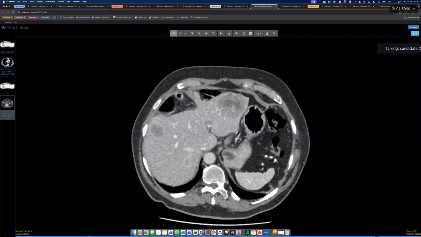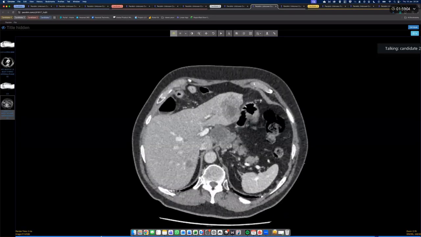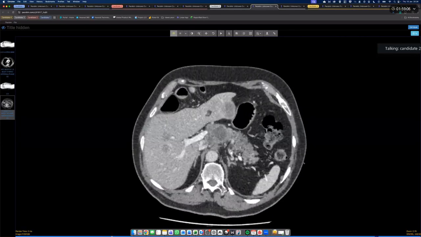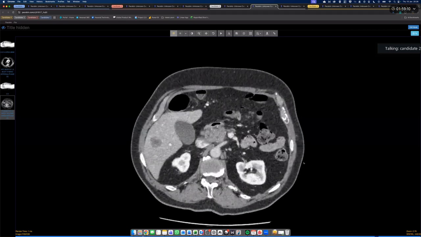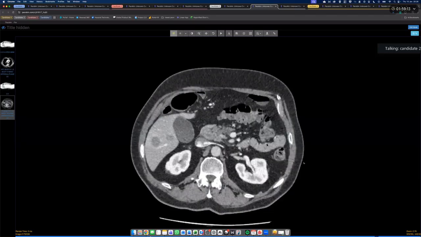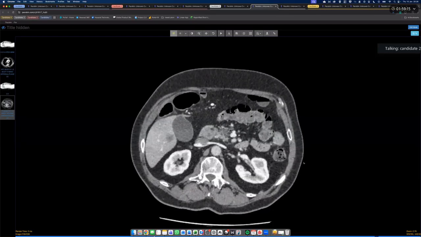I'll now go to the area of the right hemiabdomen where I could appreciate some pericolonic stranding. Considering that there are hepatic lesions, I would like to rule out bowel-related pathology.